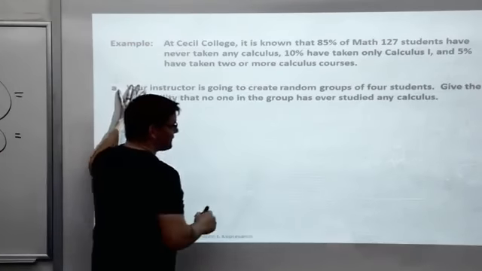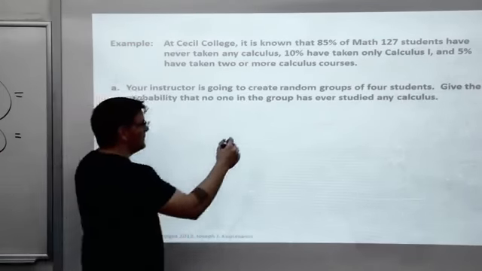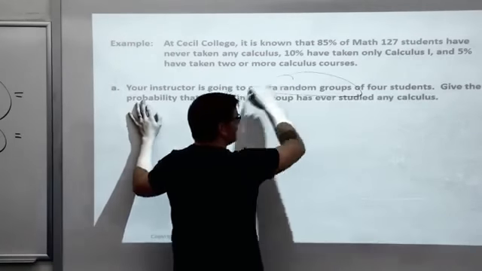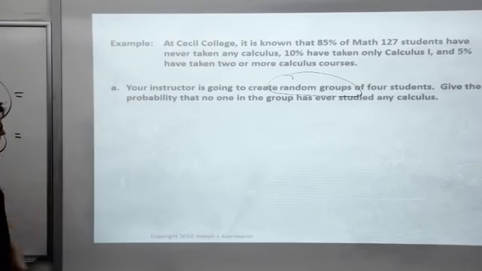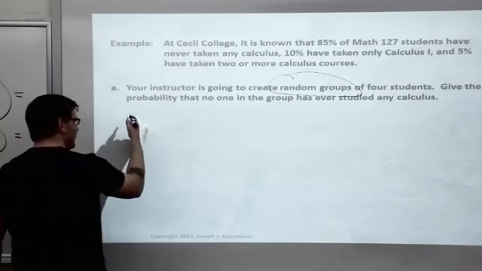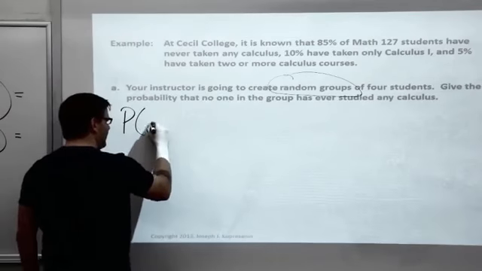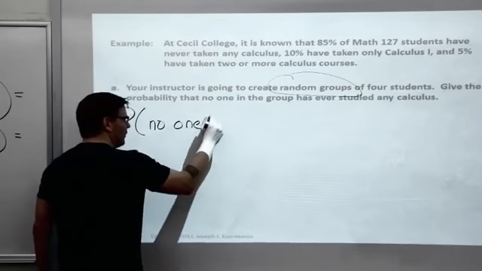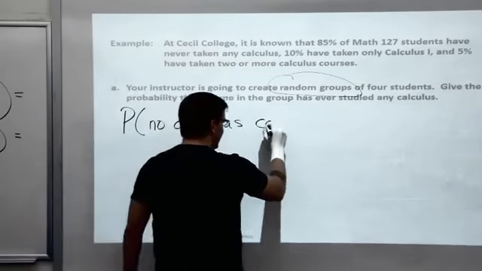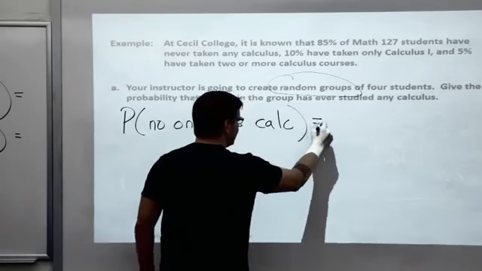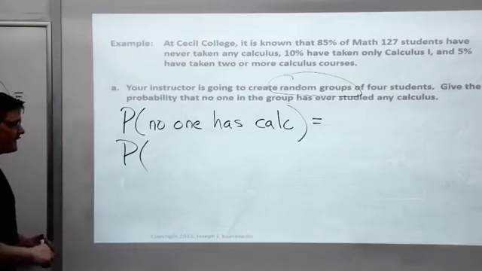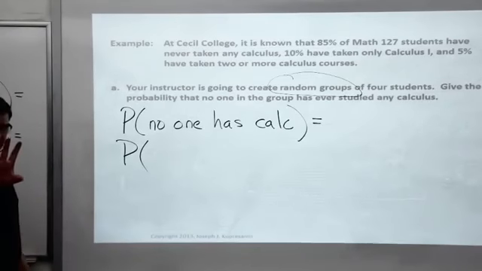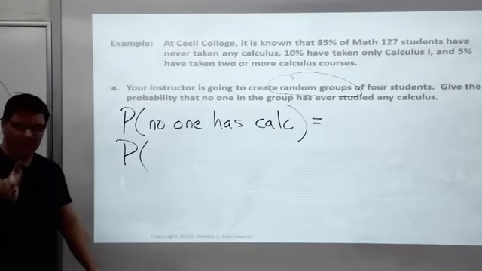We'll put you into groups of 4 at random. Random groups. Hints at independence. Give the probability that no one in your group of 4 has ever studied any calculus. Here it comes. Probability no one has any calc is exactly the same thing as the probability, let's think, I have 4 students. First person, no calc.